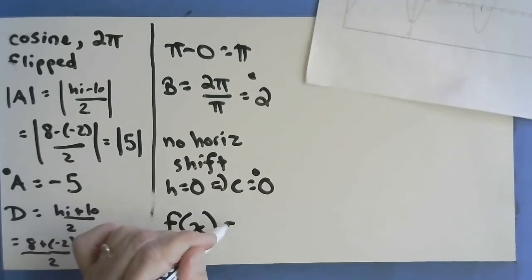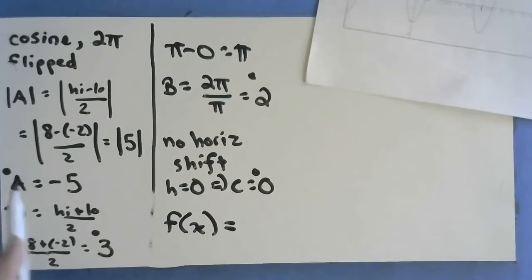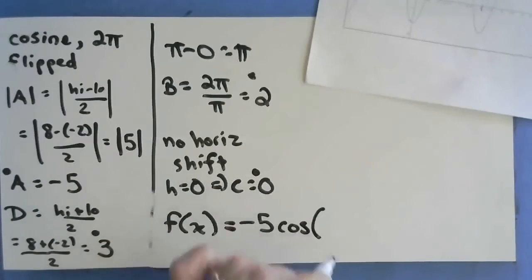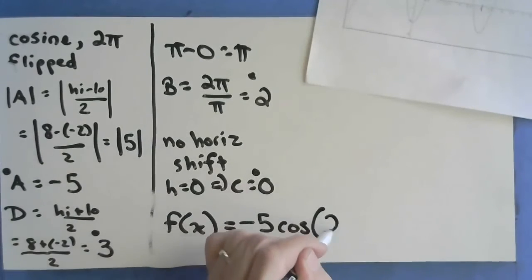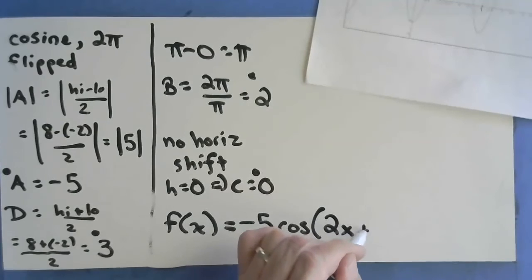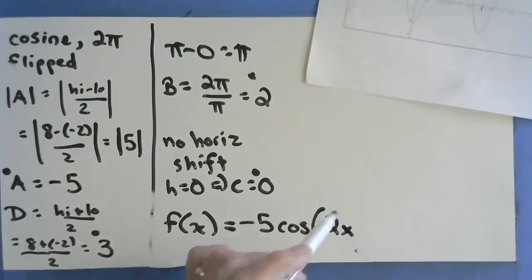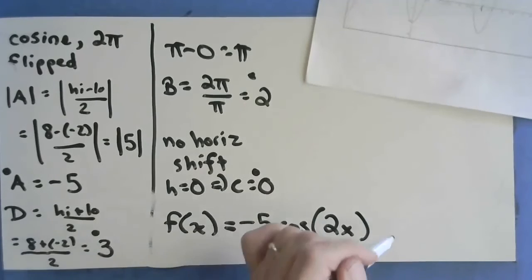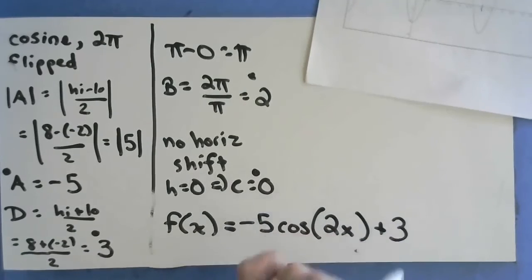So I write f of x is equal to, and I want to write down A first, so there's minus 5. I write down my parent function, so there's cos. I write down B, there's 2x plus C, which is 0, so I don't need anything there. And then plus D, which is 3.